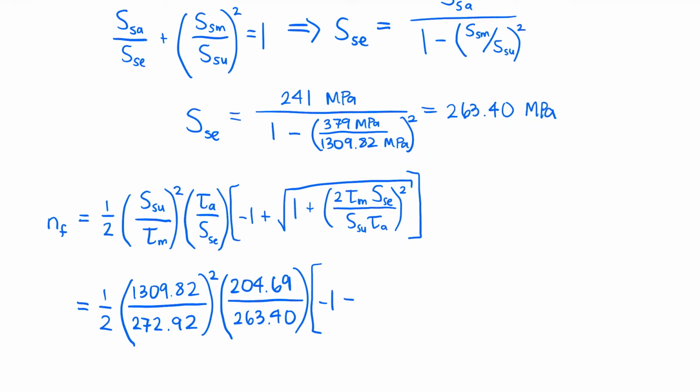times -1 plus square root of 1 plus 2 times the mean shear stress, which was again 272.92 times the endurance limit, 263.40.